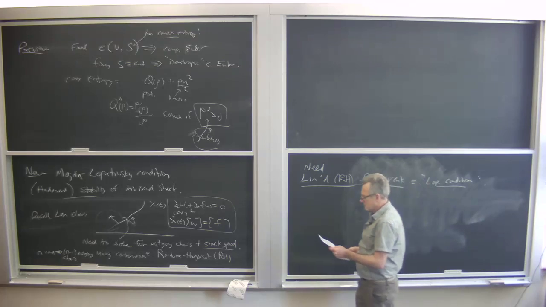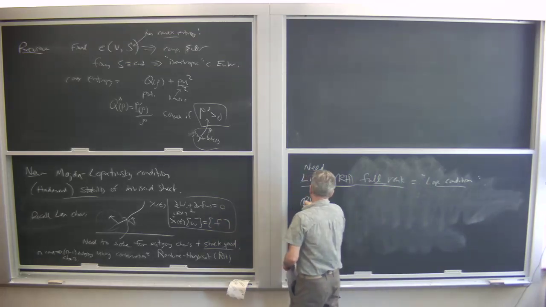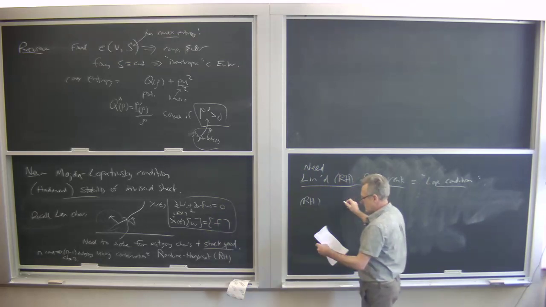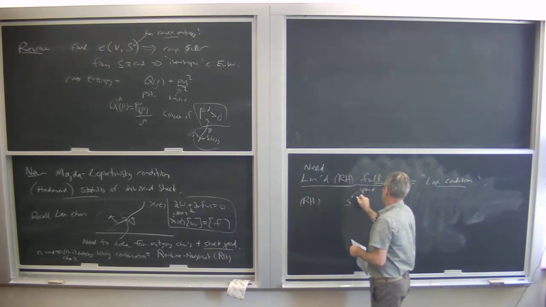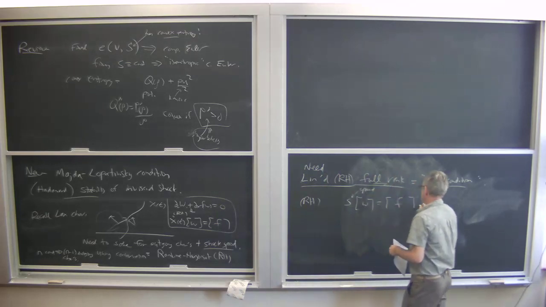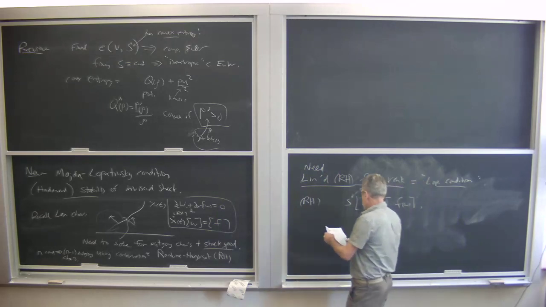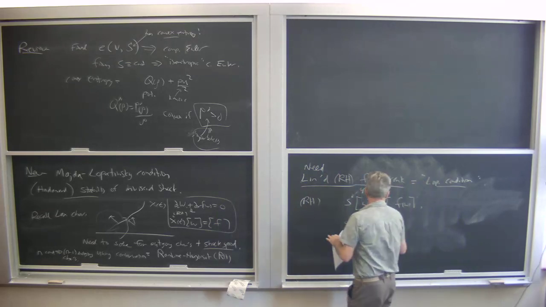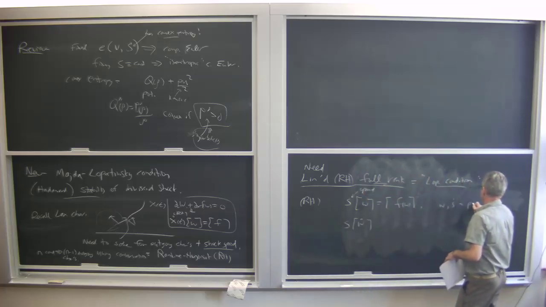Okay, so let's linearize. Let's start again. I'll rewrite RH. I'm going to call it S for speed: jump in W equals jump in F of W. If we linearize this, I'll use W dot and S dot as perturbations.